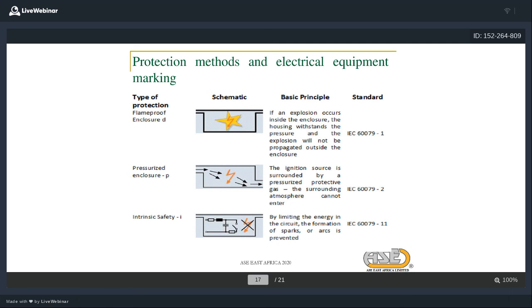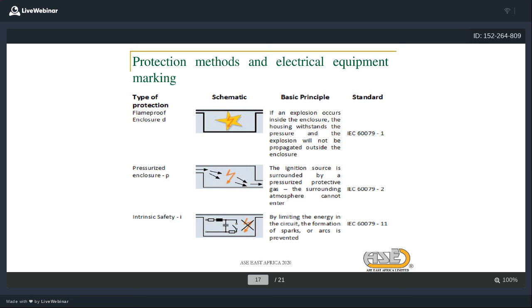If the explosive atmosphere is inside that enclosure and an explosion occurs, this enclosure or housing withstands that pressure, and the explosion will not be propagated outside the enclosure to cause an explosion. That standard is IEC 60079-1.